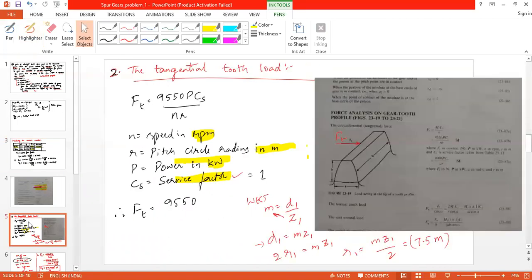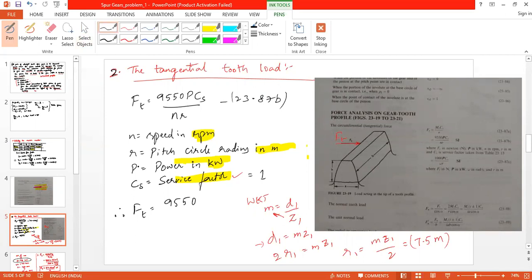Next is the tangential tooth load. If we know the tangential tooth load, then we can design the gear by using the Lewis beam strength equation. The tangential tooth load is given by Ft equal to 9550 P Cs by N R, equation 23.87B.